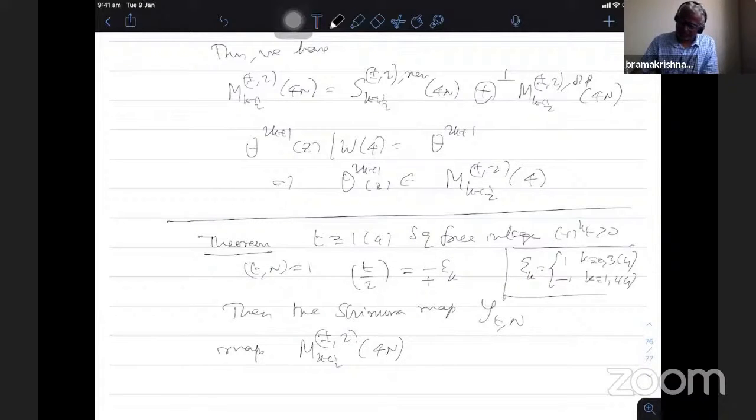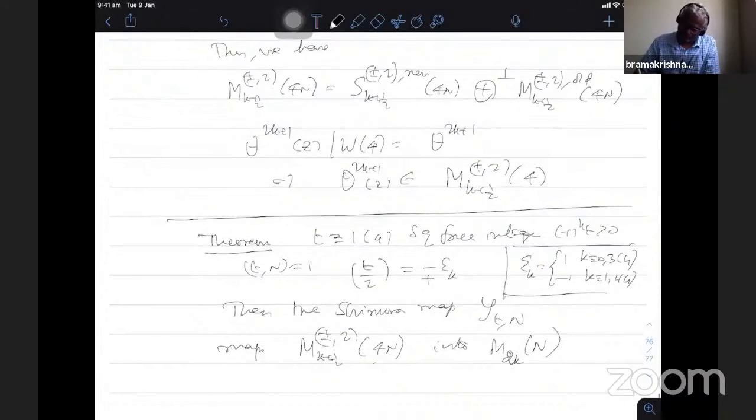When I take the minus space, I have to take +ε_k, into M_{2k}. So the Shimura map generally takes level 4N to 2N. That's what we saw. Only the Shimura-Kohnen map restricted to the plus space goes down the level by another factor of 2. But in this case, when I take the W_4 eigen subspace, even the Shimura map takes level 4N to 2N. That's the main property.